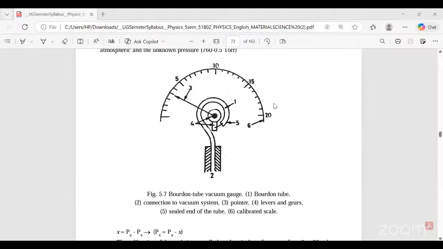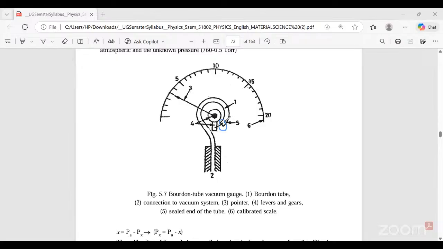So this is the picture of a Bourdon gauge. One end of the tube is fixed, and the other end is open, connected to the system.